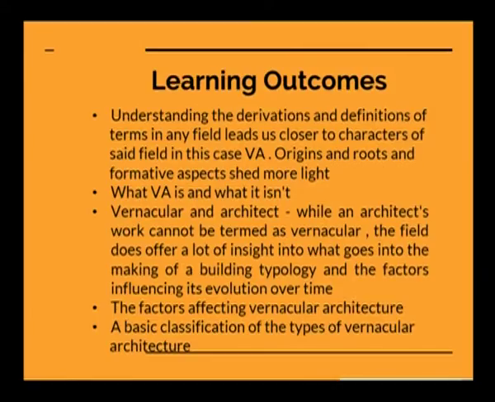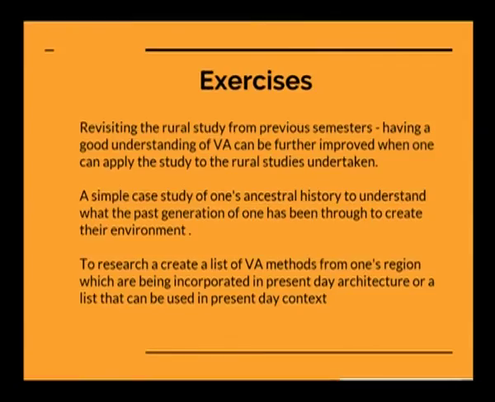So, the outcomes from this presentation would be understanding the derivations and definitions. It is also important to understand what vernacular architecture is and what it isn't. The relationship between an architect and vernacular architecture, and how they go together and how they don't go together in many cases. The factors affecting vernacular architecture, and a basic classification of the types of vernacular architecture.